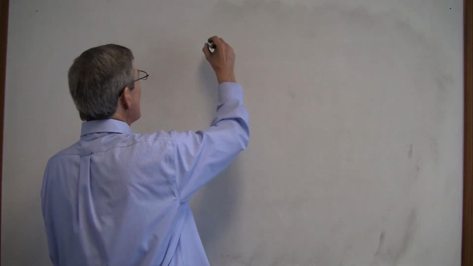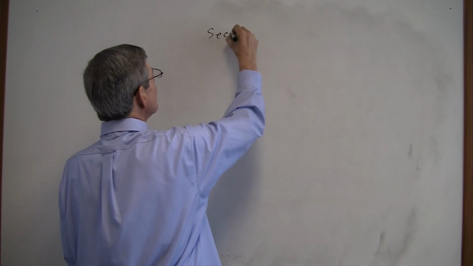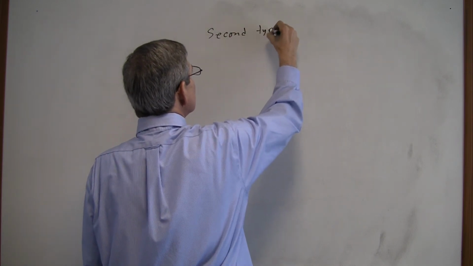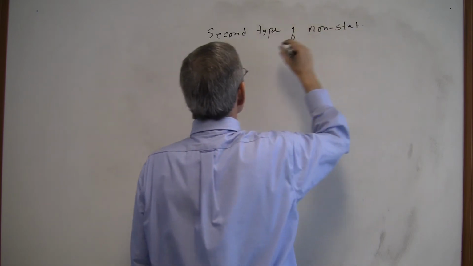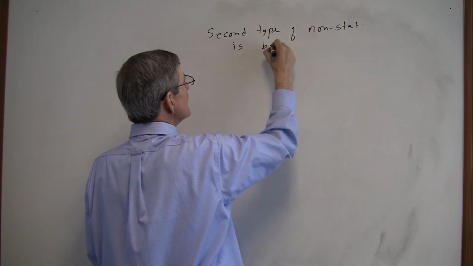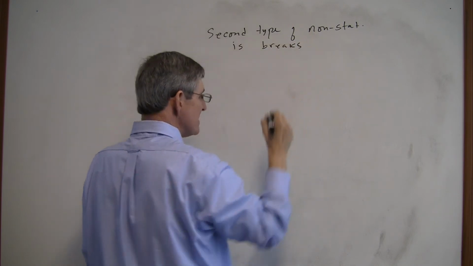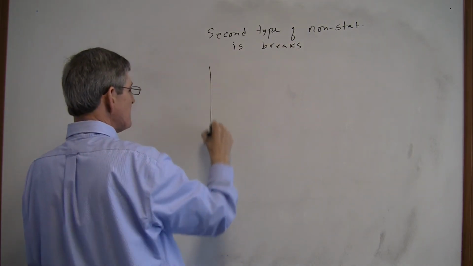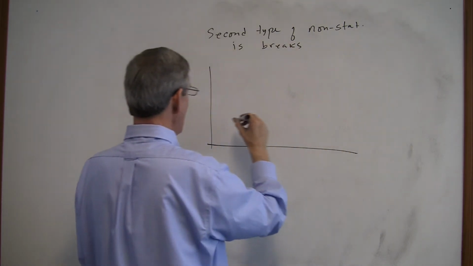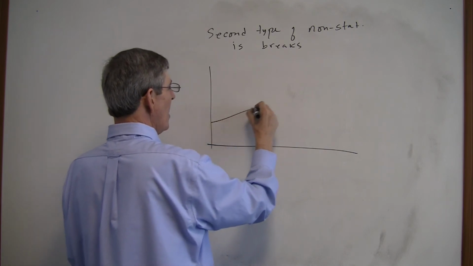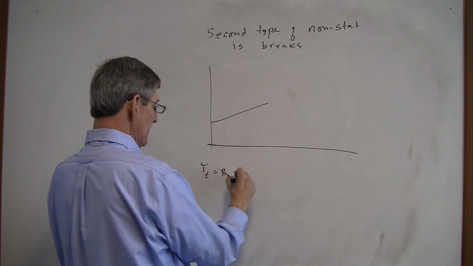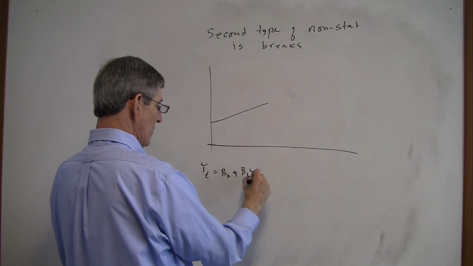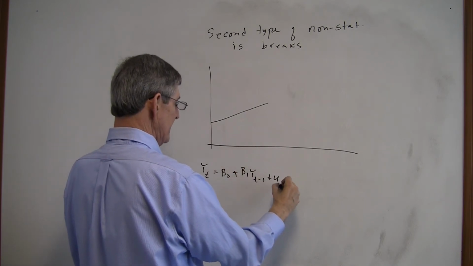So the second type of non-stationarity is breaks in the data. There are two types of breaks. You can have a break where, say, your model is yt equals beta 0 plus beta 1 yt minus 1 plus ut.